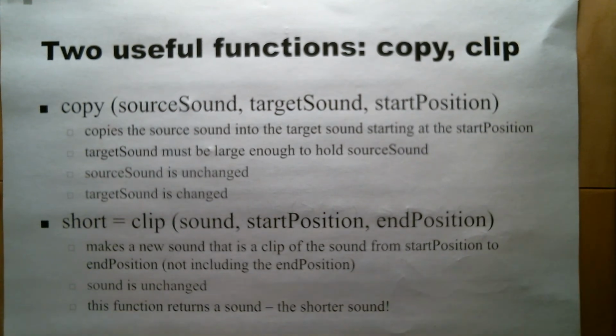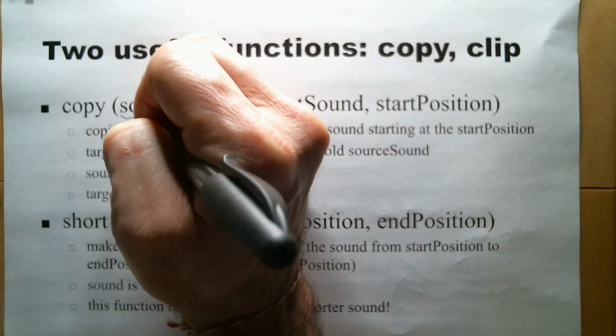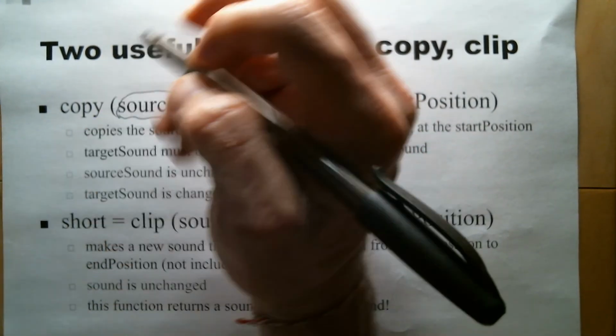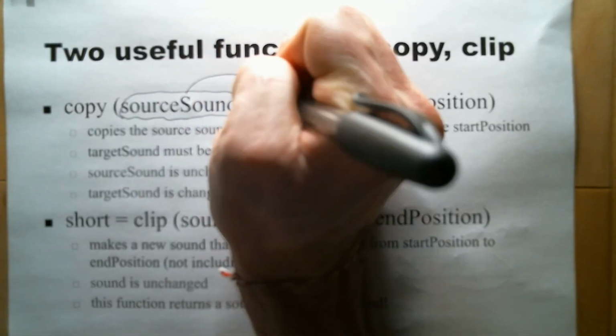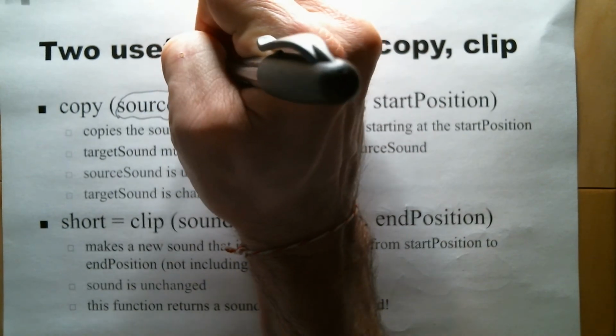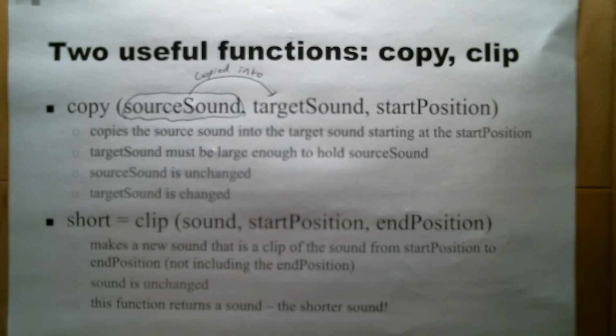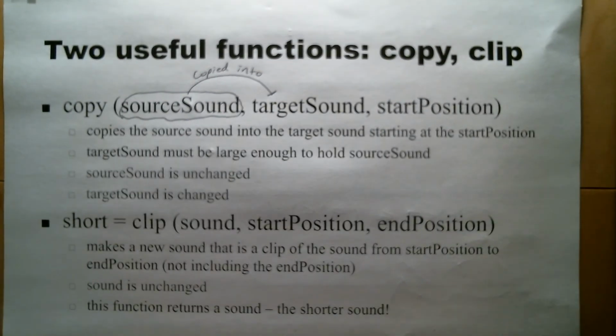Copy, shockingly, copies the source sound into the target sound starting at the start position. So if this is your source sound, which you have to put first when you're using the function, it's going to get copied into the target sound at whatever start position you specify.